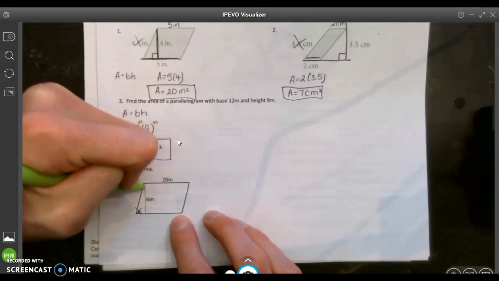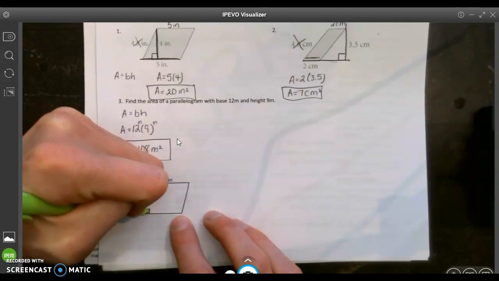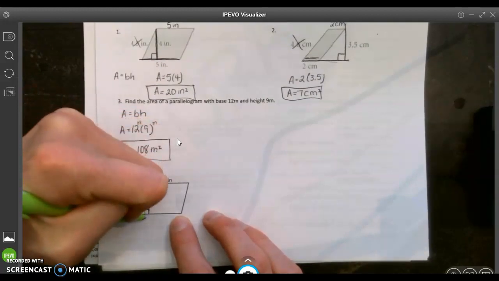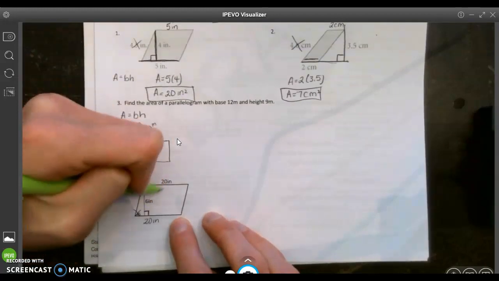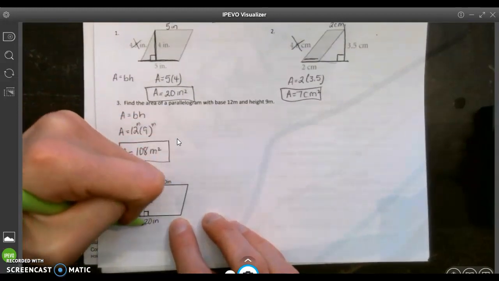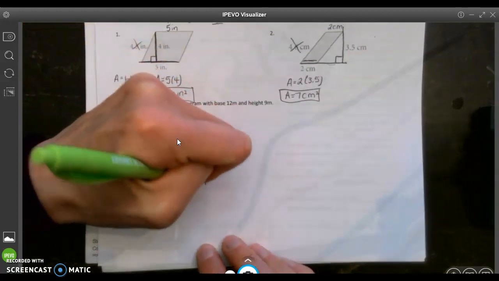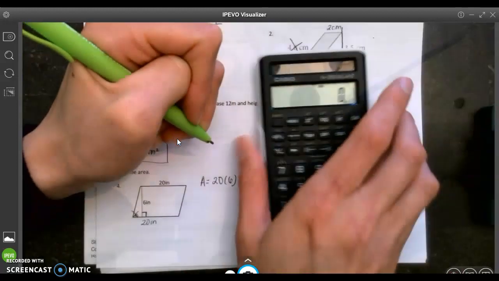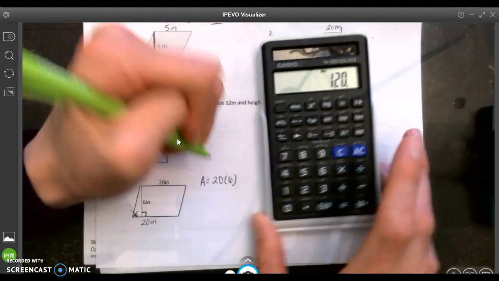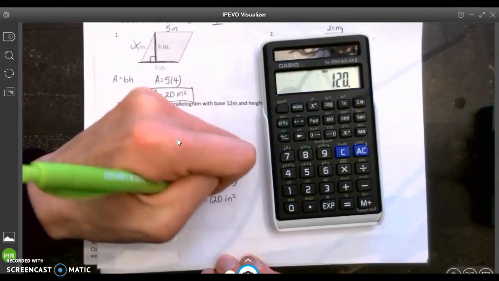It's not on the perpendicular, so if I draw in my perpendicular, I can move that 20 inches down here because those 2 segments are congruent. So I have a base and a height now connected to that perpendicular. So area equals base, 20, times height, 6. 20 times 6 is 120. Area equals 120 inches squared.